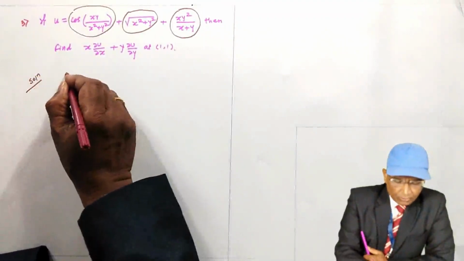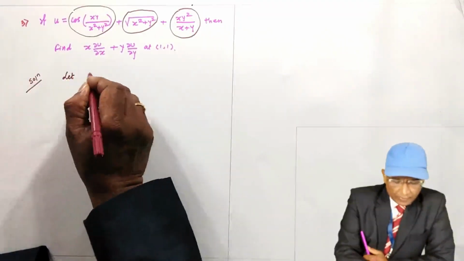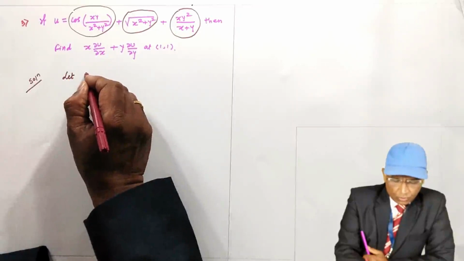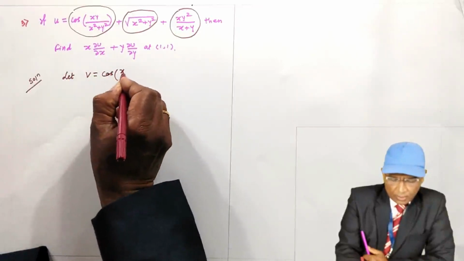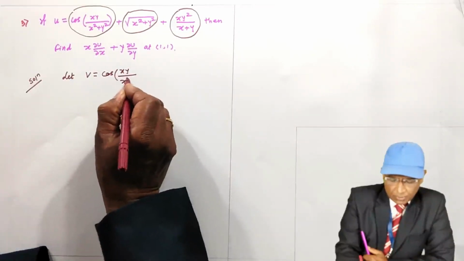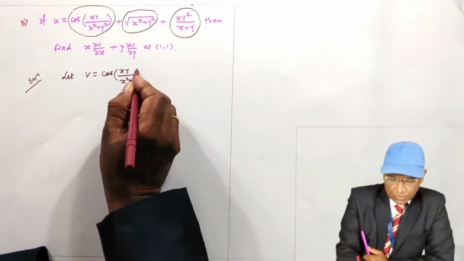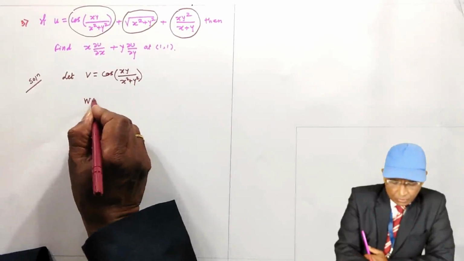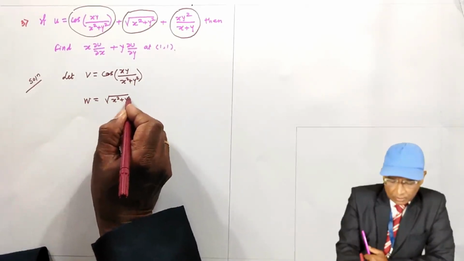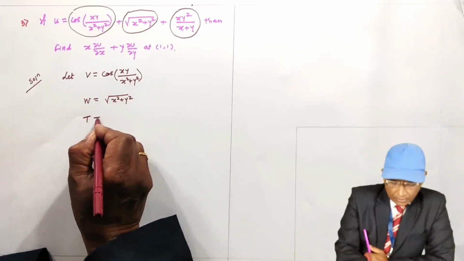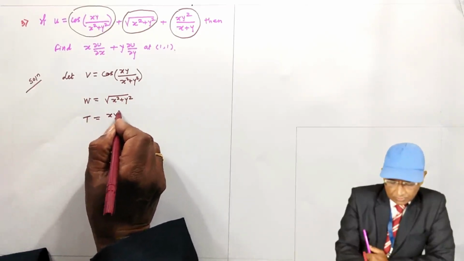Okay, so what I am going to do, I am letting v is equal to cos xy by x square plus y square, first term. w equals second term and t equals third.